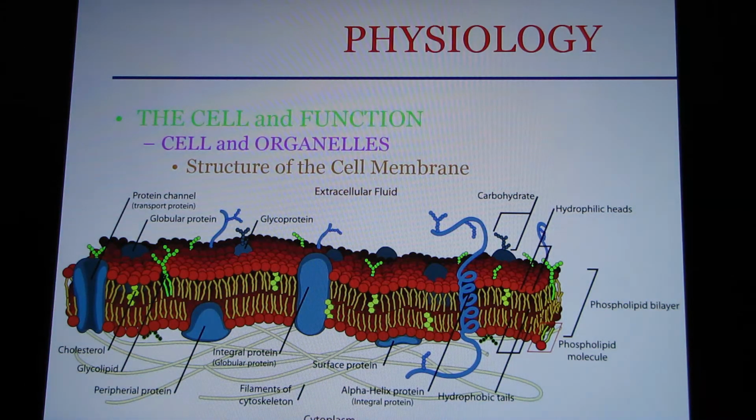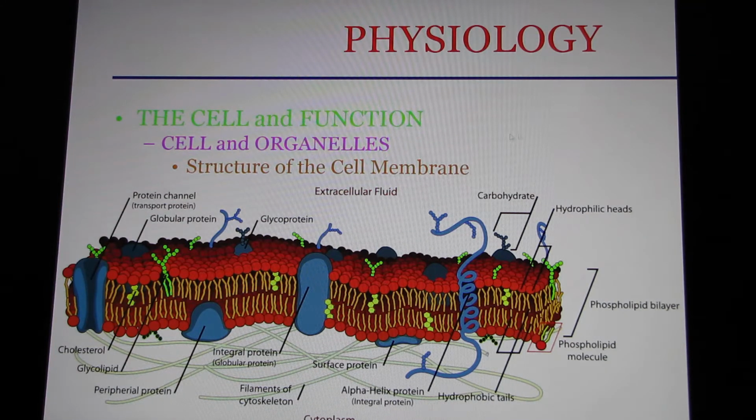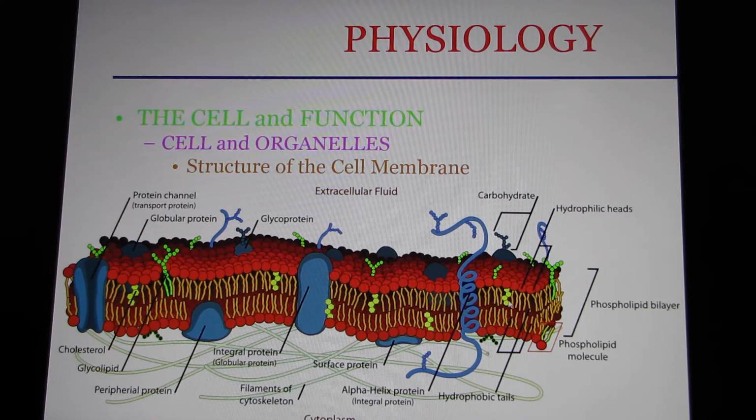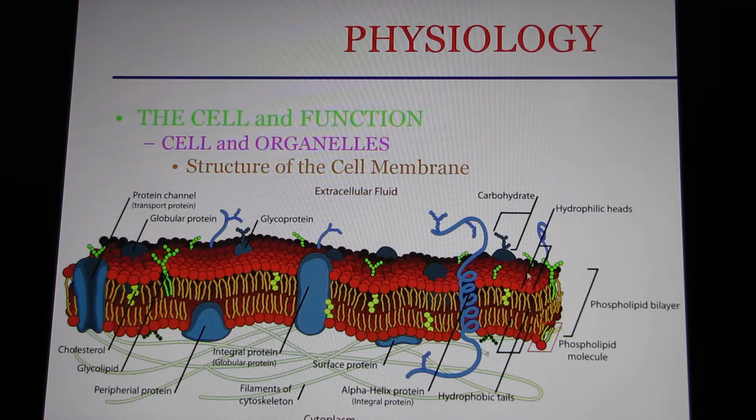As you can see here, the phospholipid bilayer forms the cell membrane, with the phosphates facing the extracellular fluid, and from the inside the intracellular fluid, with the hydrophobic ends, which are formed from the lipids, facing each other, and hydrophilic heads facing the liquid parts of the cell, whether it's the intracellular cytoplasm of the cell or the extracellular fluid.